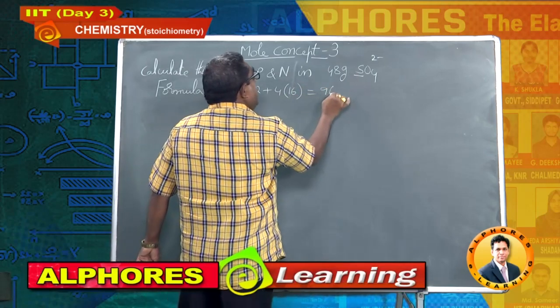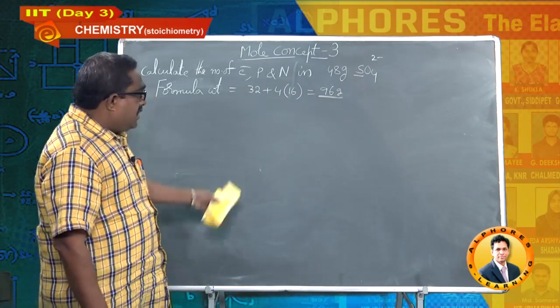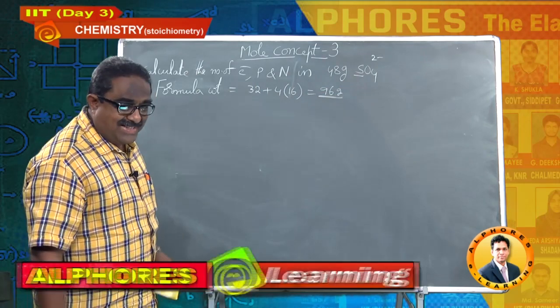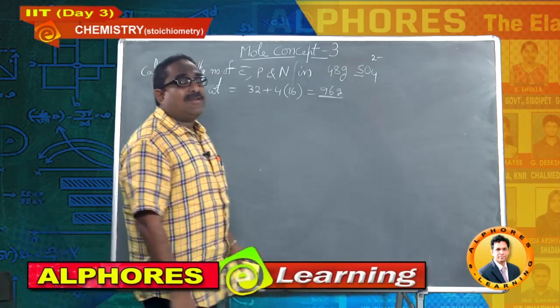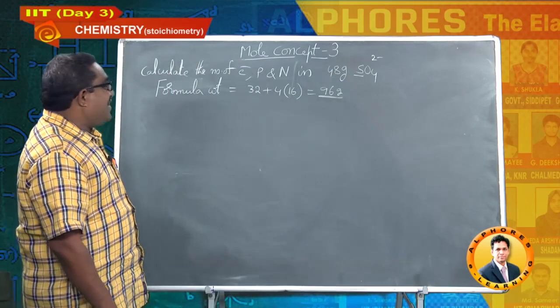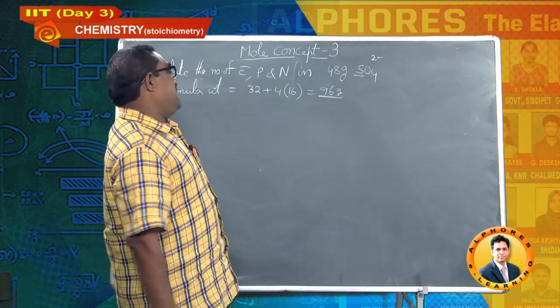This is 96 grams, the molar mass, or simply you can also call it the formula mass of sulfate, because it is an ion. Better to call that formula weight rather than molecular weight or molecular mass.